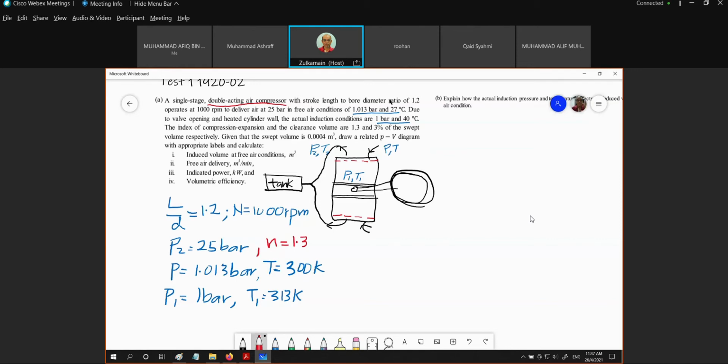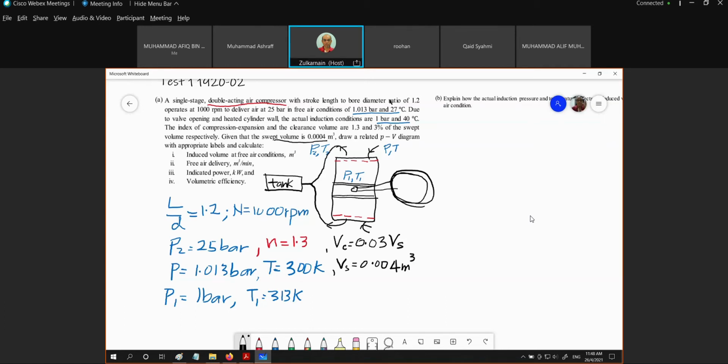And given the VC is equal to 0.03 Vs. And given the swept volume, Vs, equal to 0.004 meter cube. Okay?